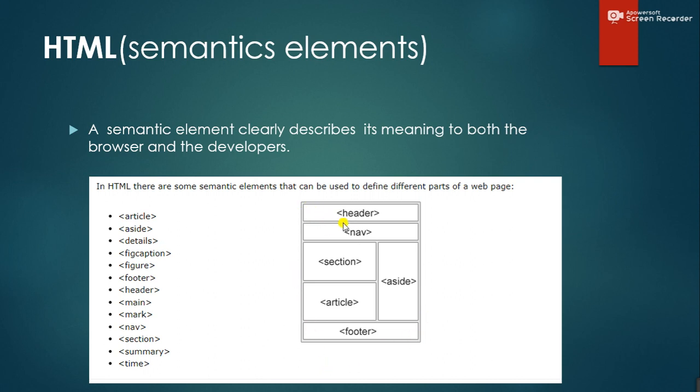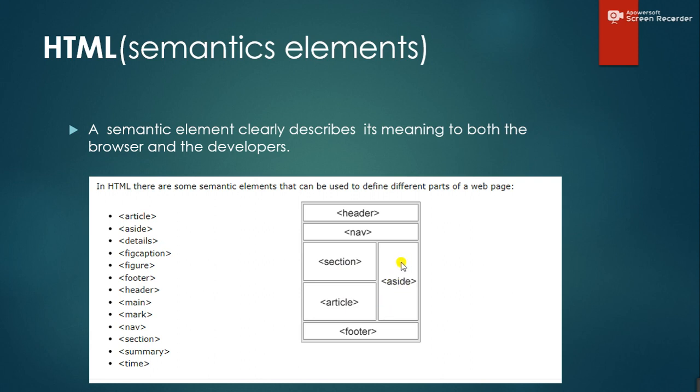At the top, most websites have a header, after that a nav, meaning menu, after that a section where all content is displayed, and on the right side is the sidebar.